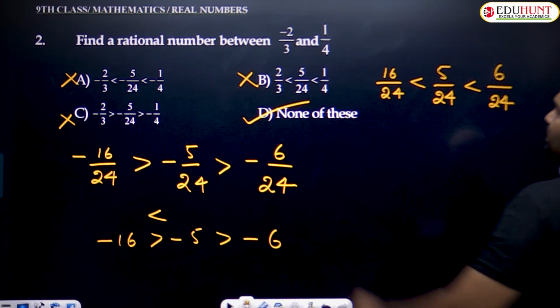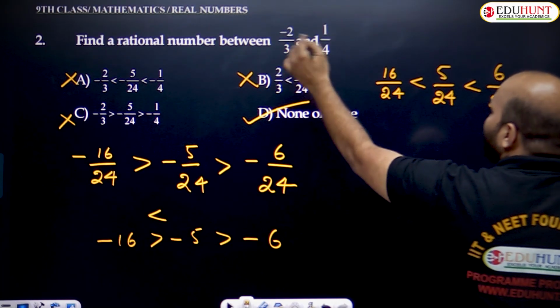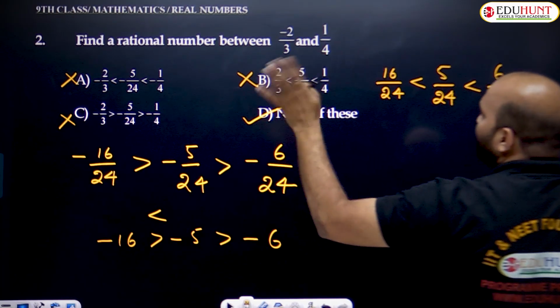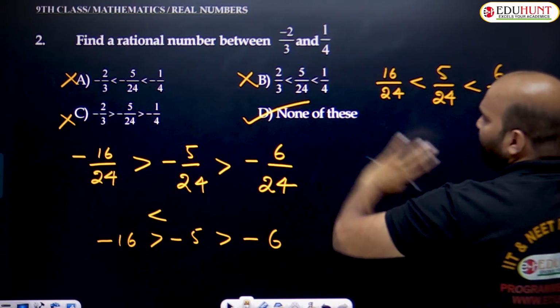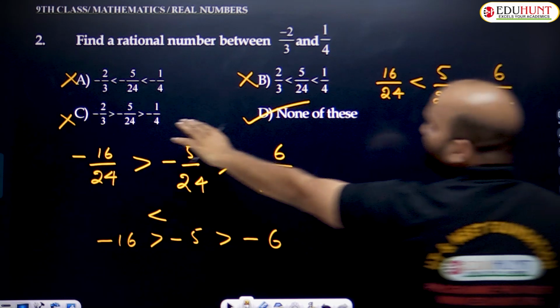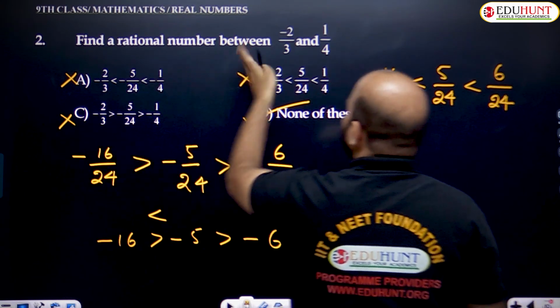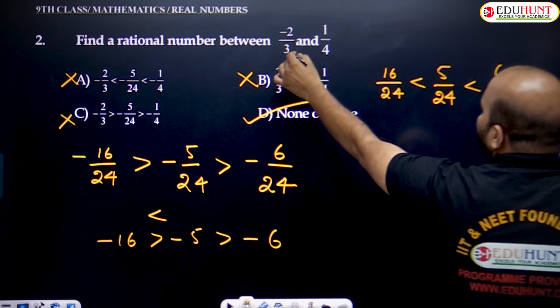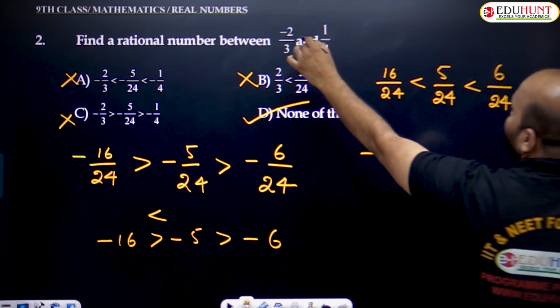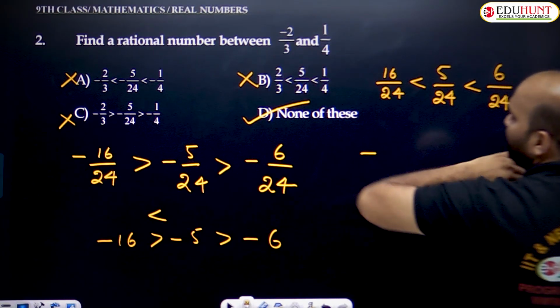And one more thought: minus 2 by 3 and 1 by 4 should be converted, especially the denominators, so 3 and 4 convert into 24. Especially denominators convert into 24 through options. What is the highest number here in each denominator? 24. The remaining also convert into 24. That means 3 how many is 24? 8, so both numerator and denominator multiplied by 8.